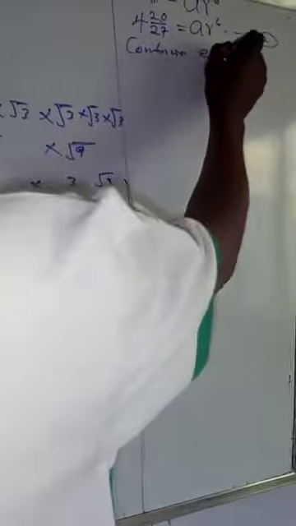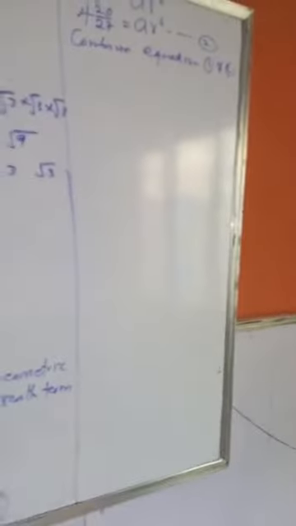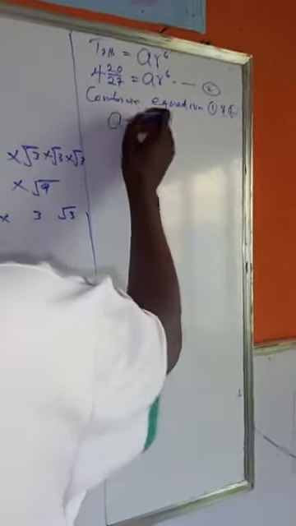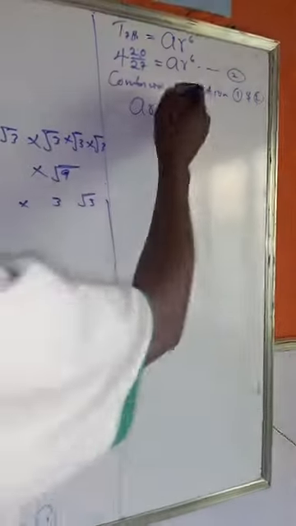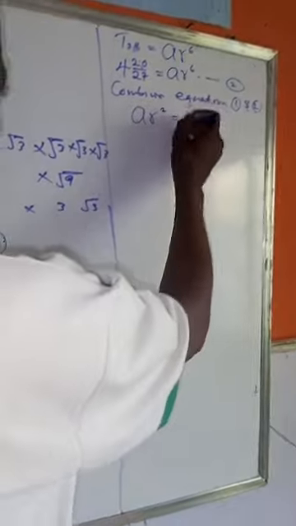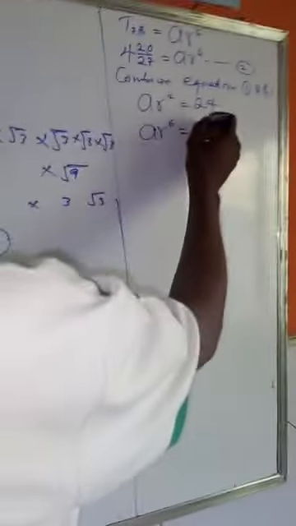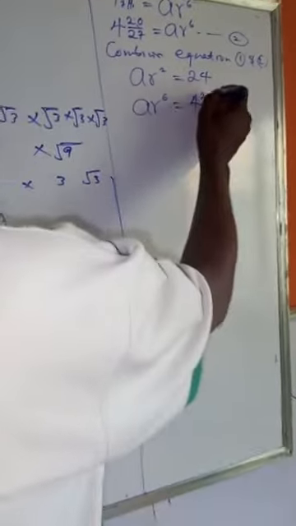Combine equation 1 and 2. So equation 1 will now be AR raised to power 2 is equal to 24. And this one will be AR raised to power 6 is equal to 4 whole number 20 over 27.